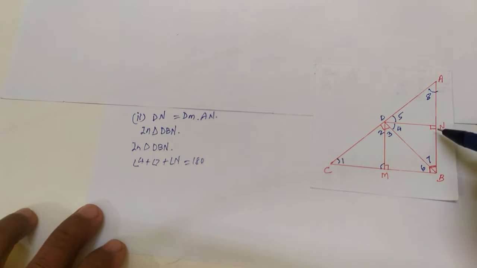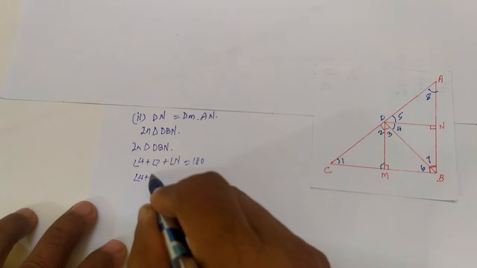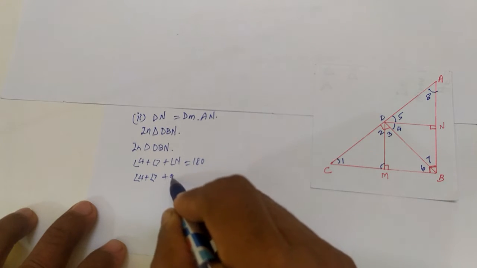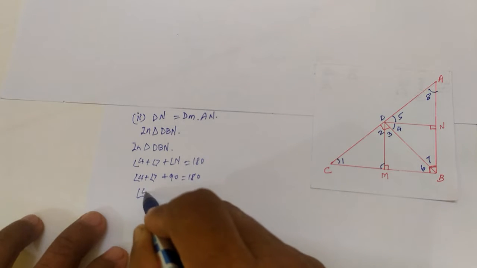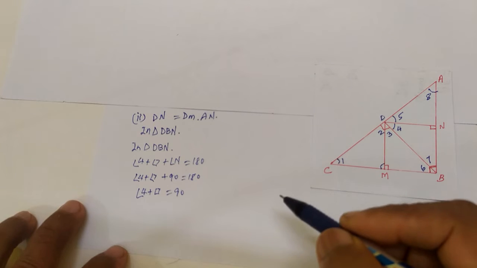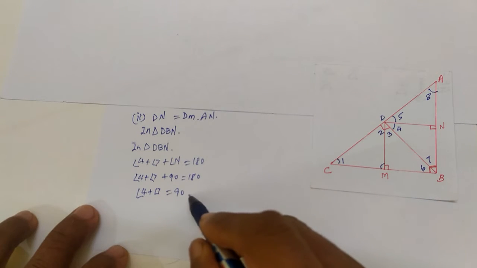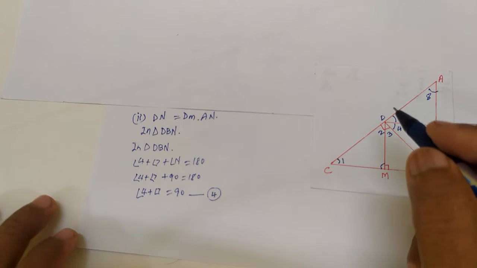Angle N is perpendicular, so it is 90. Therefore angle 4 plus angle 7 plus 90 is 180, so angle 4 plus angle 7 is 180 minus 90, that is 90. We will take this statement as the fourth statement.